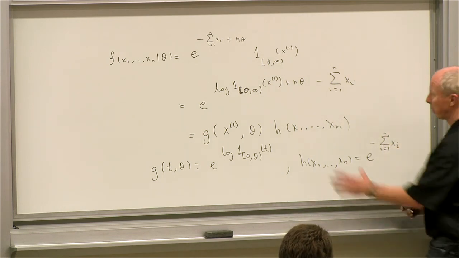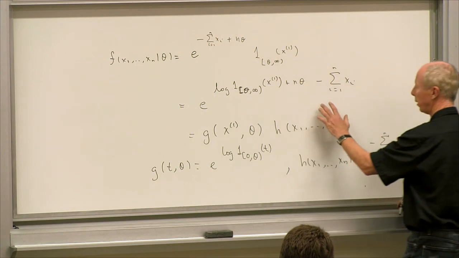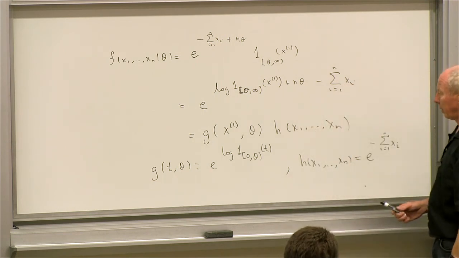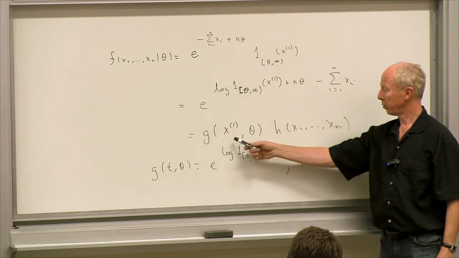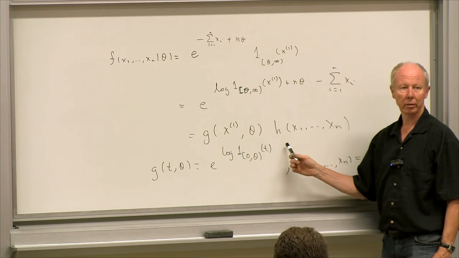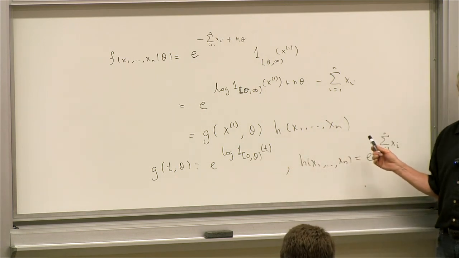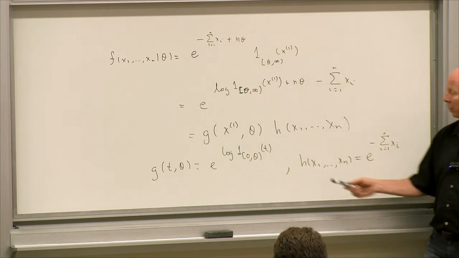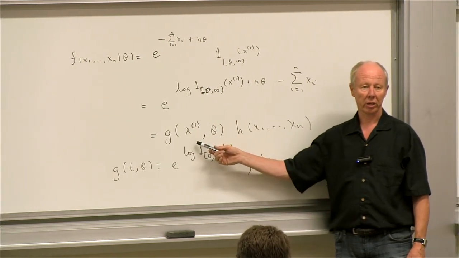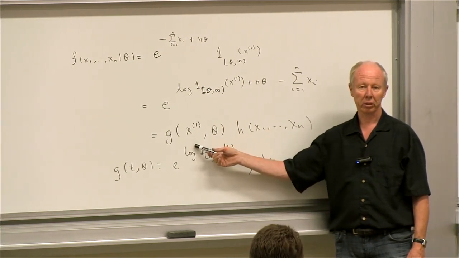Okay, this is the g. The h is e to this. So I've factored the joint density into a function of some function of the data and the parameter, and then a function of the data. So by the factorization theorem, this is a sufficient statistic.